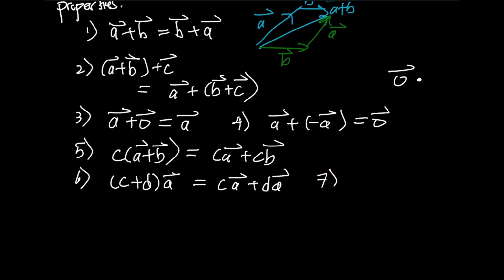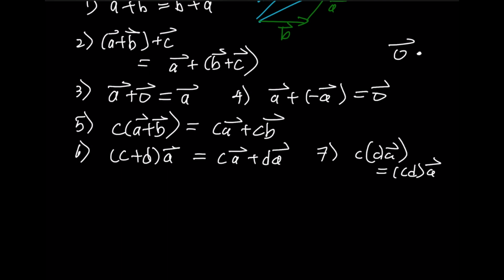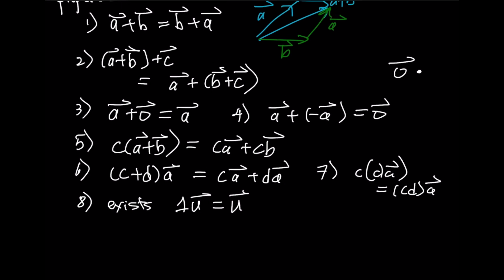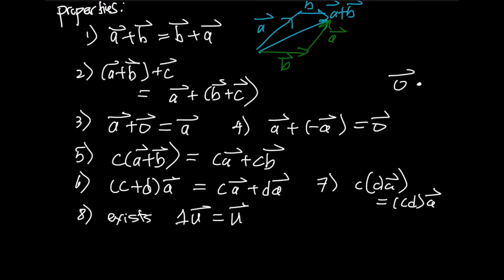Same thing happens if you choose to multiply or scale a result afterward. These are all relatively straightforward. There exists some scalar that if I were to put it in the front, I should just get back the vector itself.